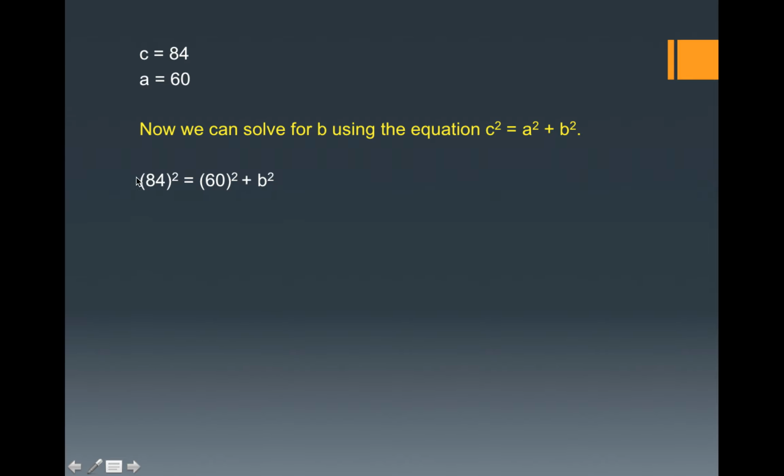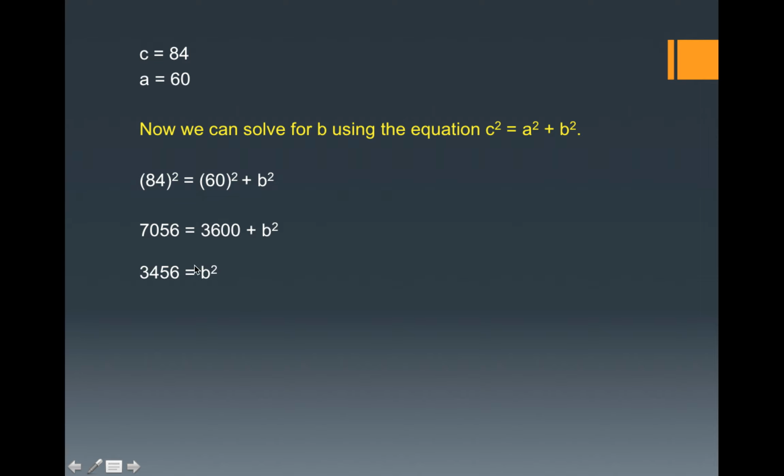So we have 84 squared equals 60 squared plus b squared. And we get 7056 equals 3600 plus b squared. So now we know 3456 equals b squared.